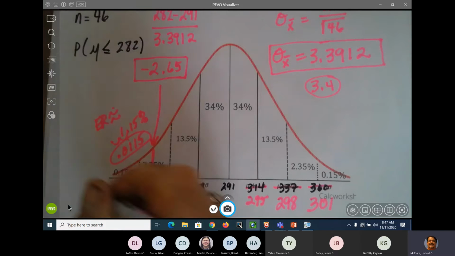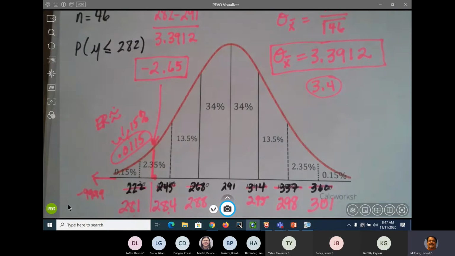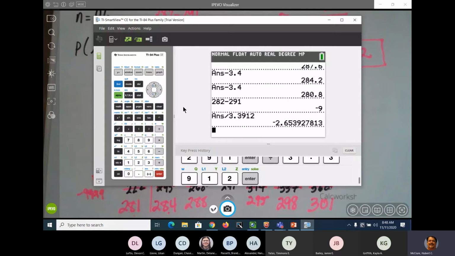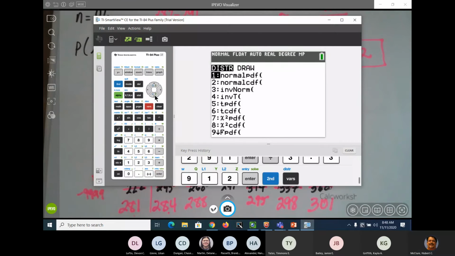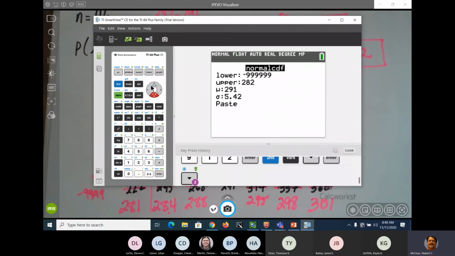Now if you have a new calculator, it's negative 9999 to 282. If you have an old calculator, it's going to be negative 9999 to negative 2.65. So let's check it with the old calculator first. Second vars, normal CDF, negative 9999 to negative 2.65, to 0 and 1, because you can't change that on an old calculator.